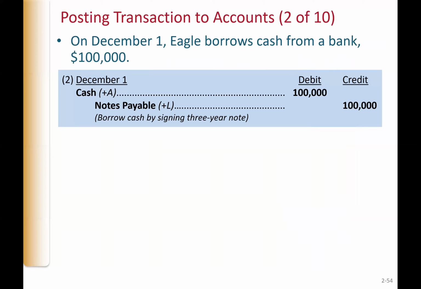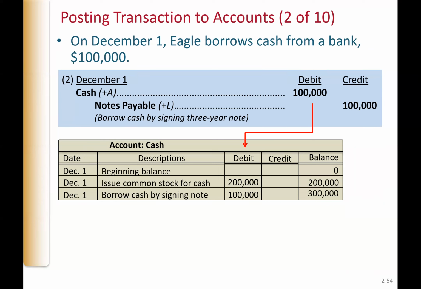In the same respect here, on December 1st, hey Denali, on December 1st, Eagle borrows cash from a bank of 100,000. In this case, our cash increases 100,000, so we debit cash 100,000. Our notes payable is a liability. It increases 100,000. We credit it because we know our cash increases with debits. Our liabilities increase with credits.